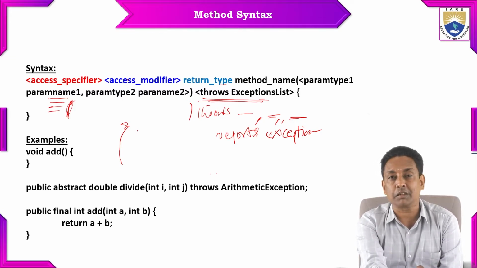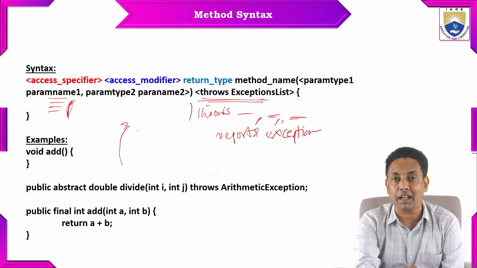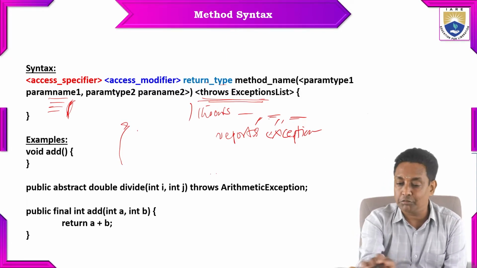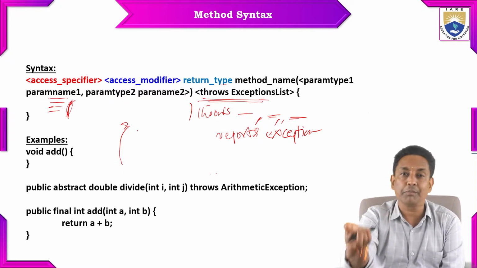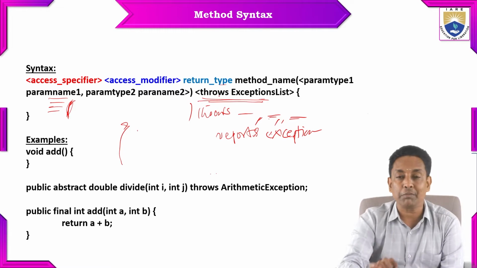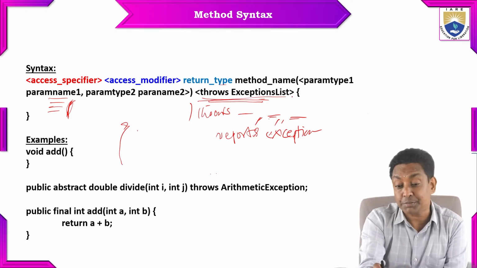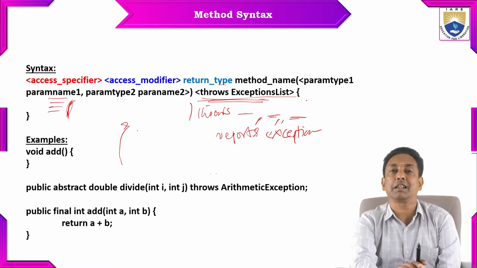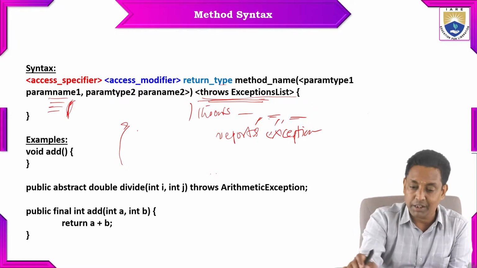Next, abstract means no implementation. Final means I cannot override. Static means I can access the method with the class name. Then the return type: based on the return type, he will judge whether to take the return value of the method into some variable or not. Next the method name and all the parameters he will see. Then he will observe all the list of exceptions mentioned in the method declaration statement itself.